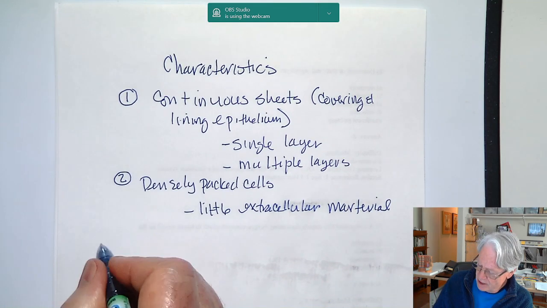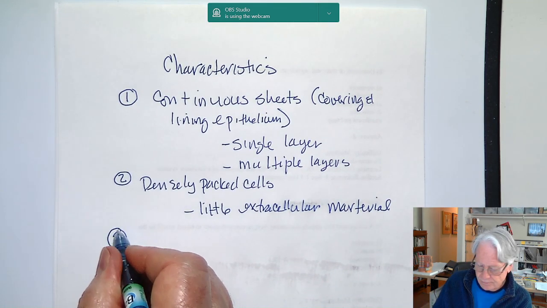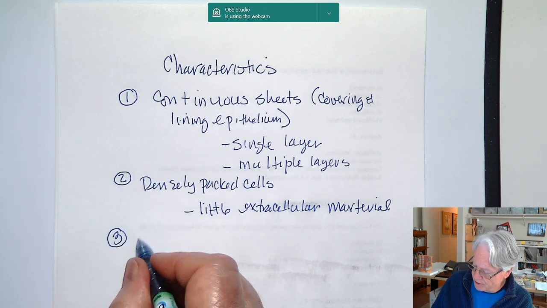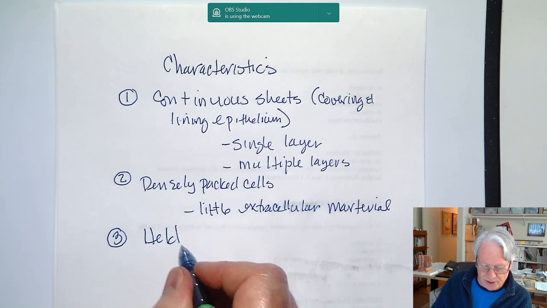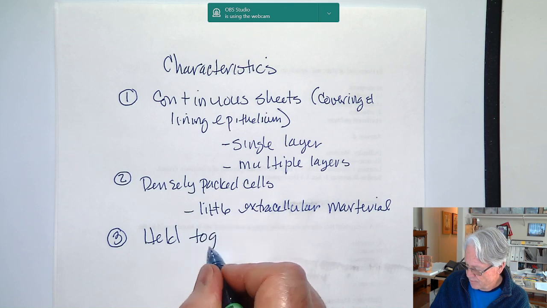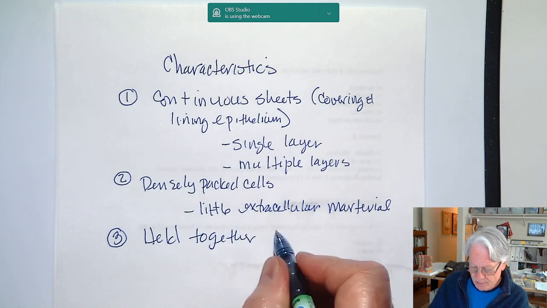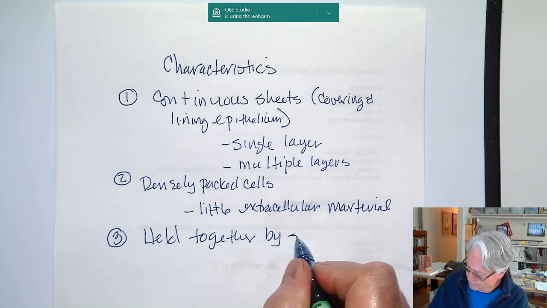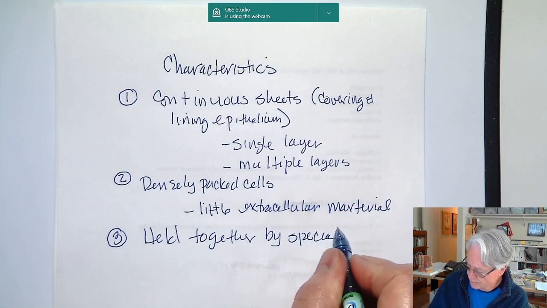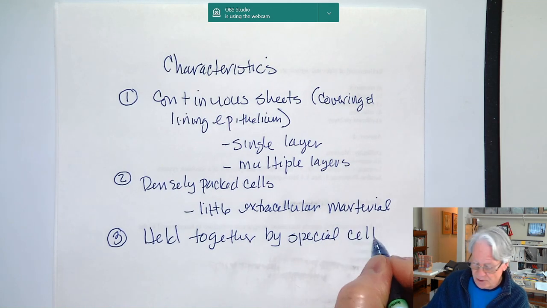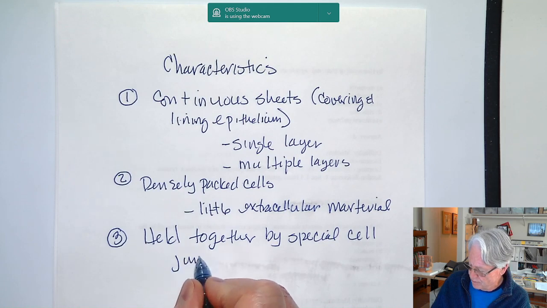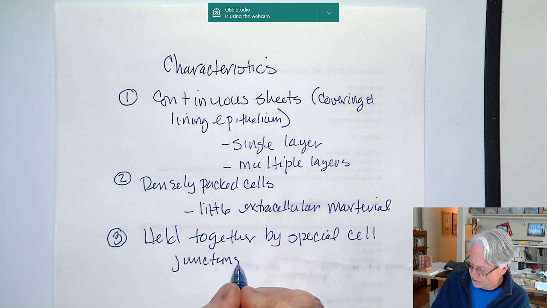Okay. Number 3, they're going to be held together. That is, the cells are held together by special cell junctions, and these are things that we've talked about already in the first lecture, session 1.